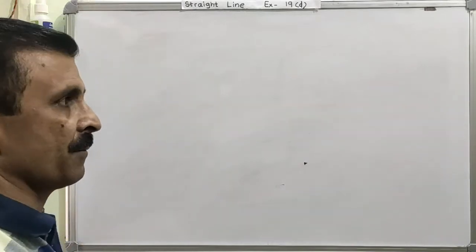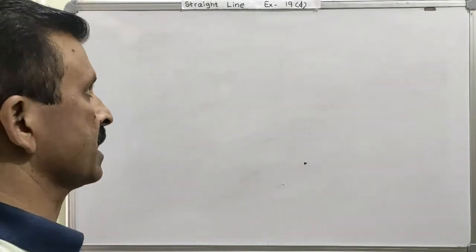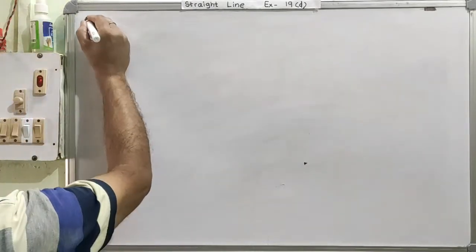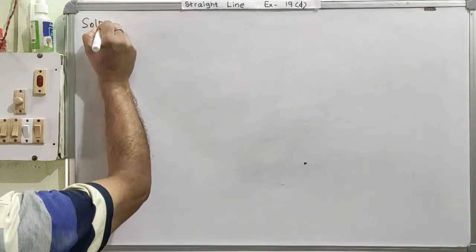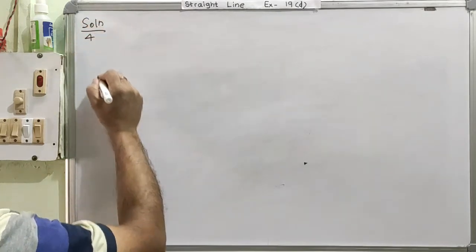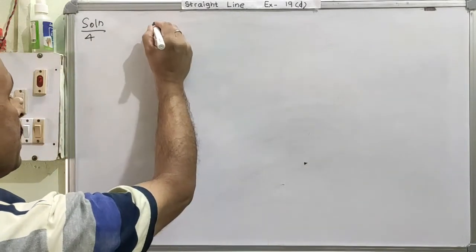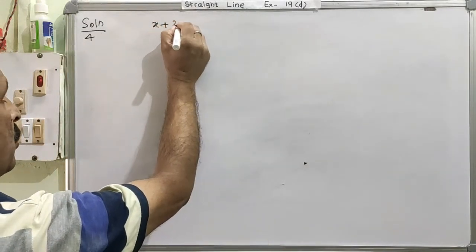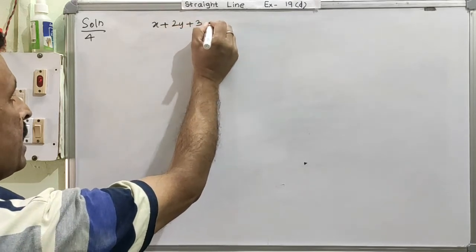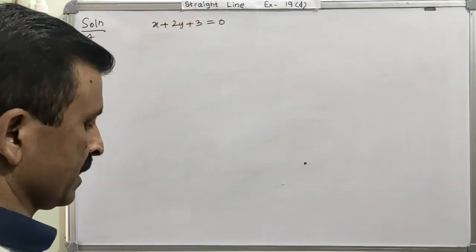First of all, we'll find the coordinate, right? Because the two lines are intersecting. This is the solution for question number 5. So the two equations we have are x plus 2y plus 3 is equal to 0. This is the first equation.